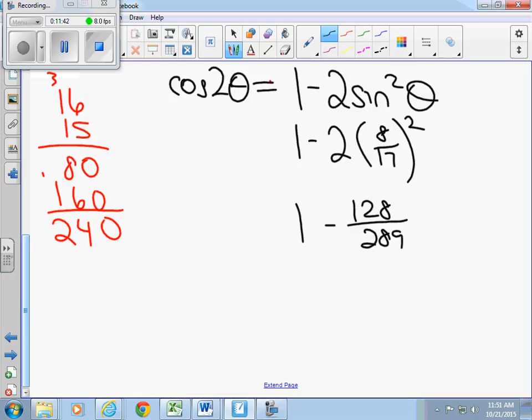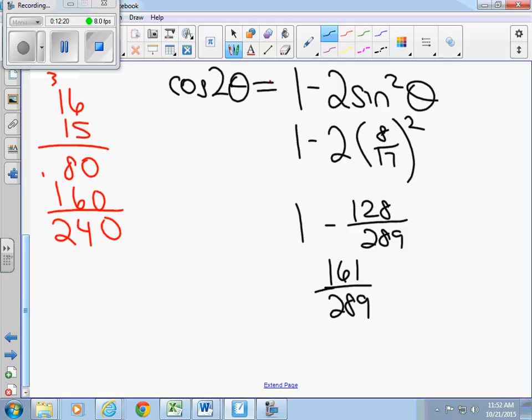And 1 minus that, which is 289 minus 128, which is 161. Any questions about that one?